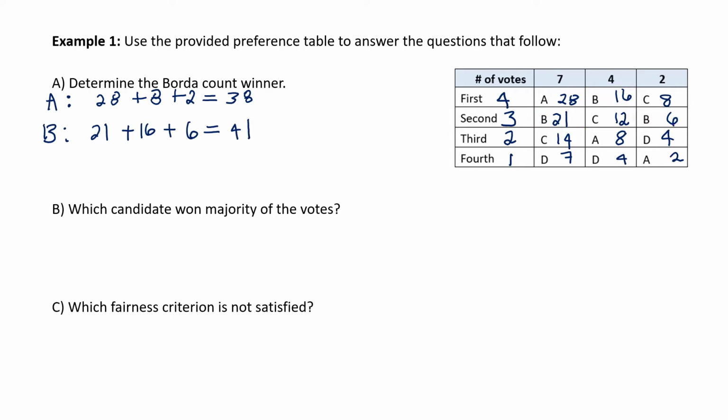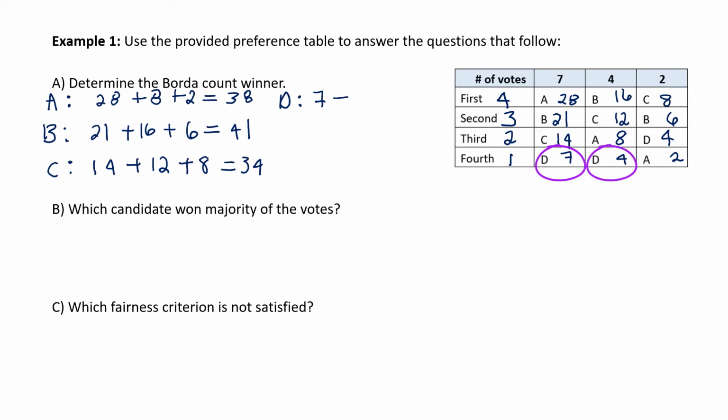Let's add up the counts of C. On the first, 14 points. On the next one, 12. And on the third one, 8. Sum of which is 34. Then let's add up the D. On the first ballot, D got 7 points.